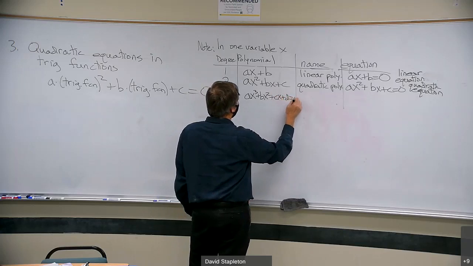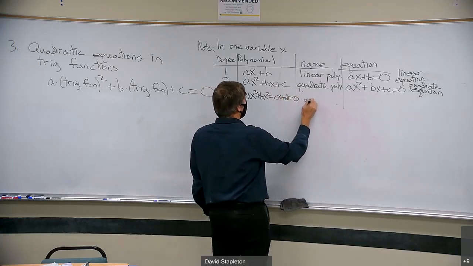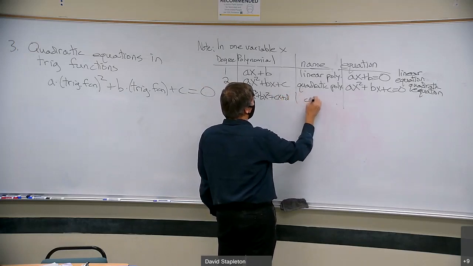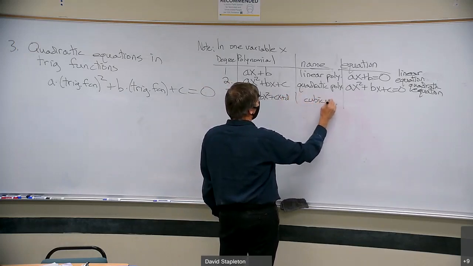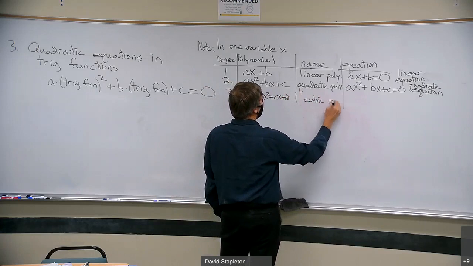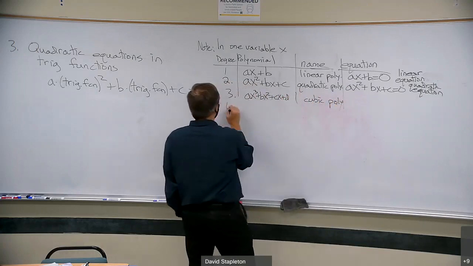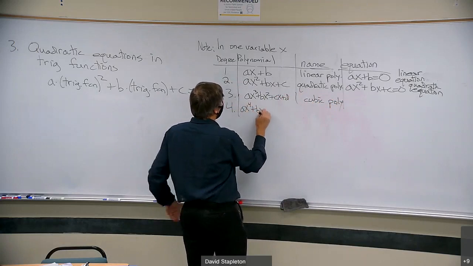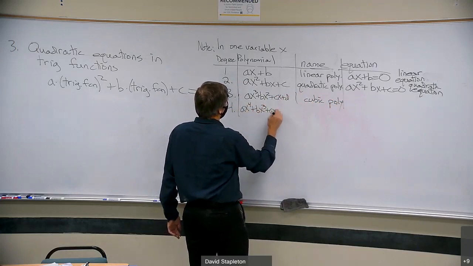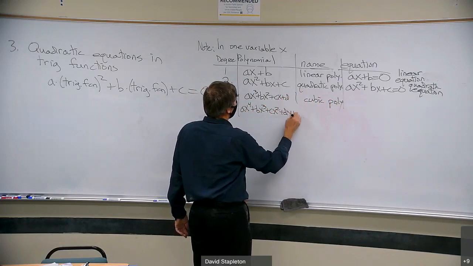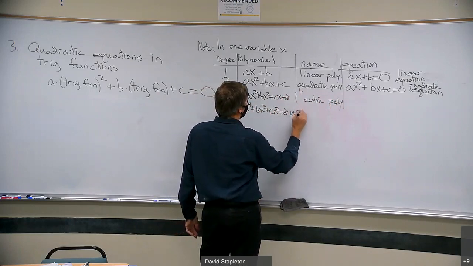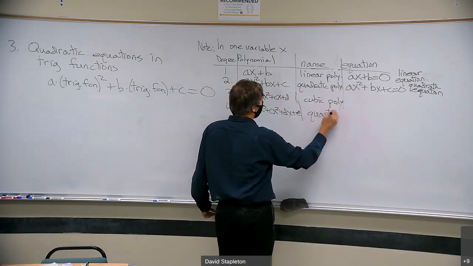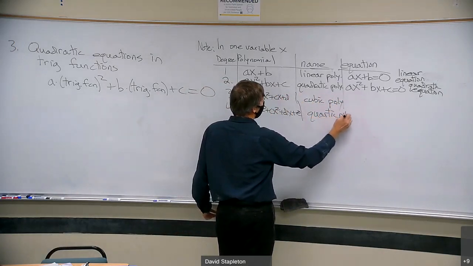This function is called a cubic polynomial, or just a cubic. And you can go to fourth degree and say, oh, ax to the fourth plus bx cubed plus cx squared plus dx plus e is the fourth degree polynomial, called a quartic polynomial, or just a quartic function or a quartic.